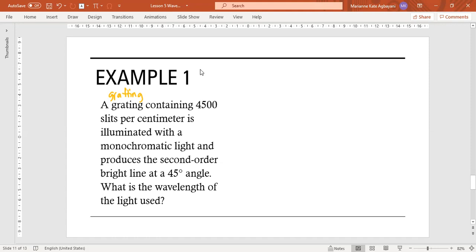Now, let's write our given first. We have slits per centimeter, that is our x, which is 4,500 slits per centimeter. Take note, our formula is n lambda equals d sine theta.